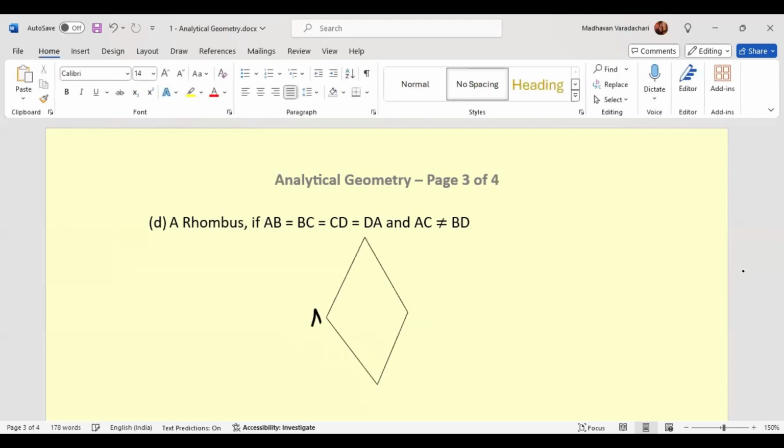Here, let's say this is A, this is B, this is C, and this is D. So AB is the same as BC, and it is the same as CD, the same as AD.